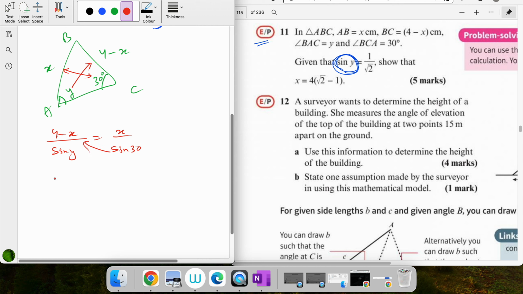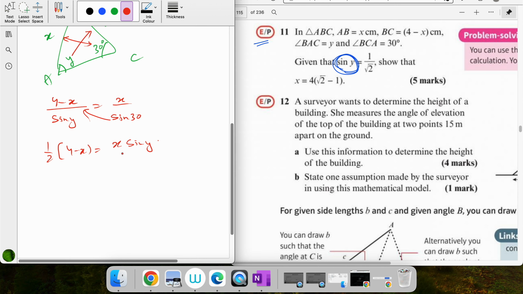So 1 by 2 into 4 minus x is equal to x sine y. Now we take this x on the other side, and 1 by 2 into 4 minus x over x is equal to sine y.